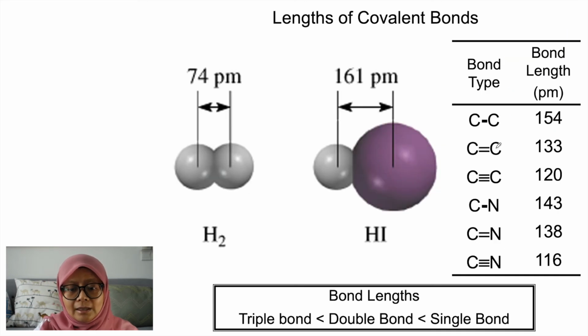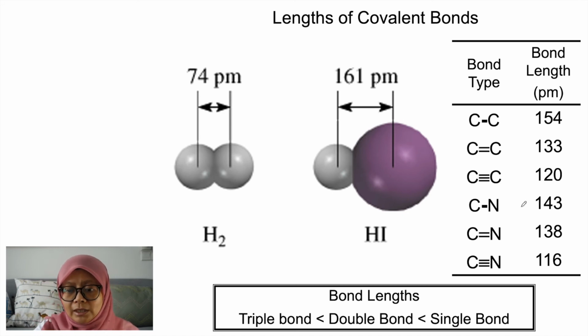Then we go to the bond length. I think this is what you have already learned before this. For the bond length, the triple bond is much shorter than the double bond, followed by the single bond.